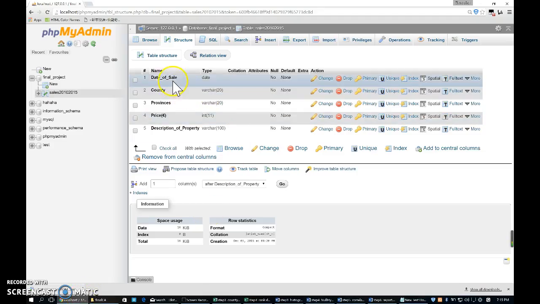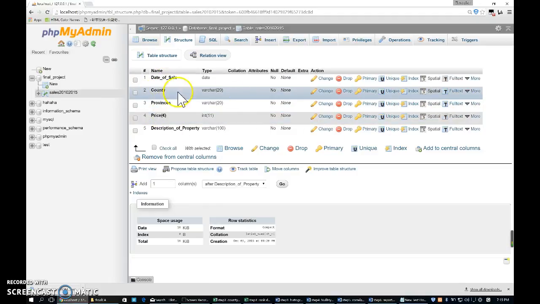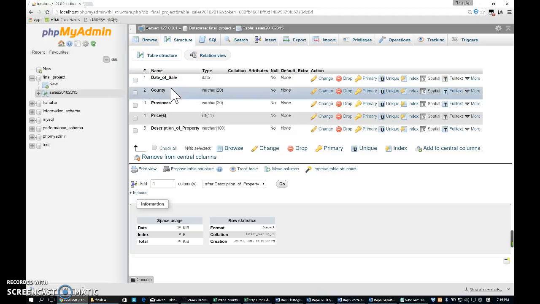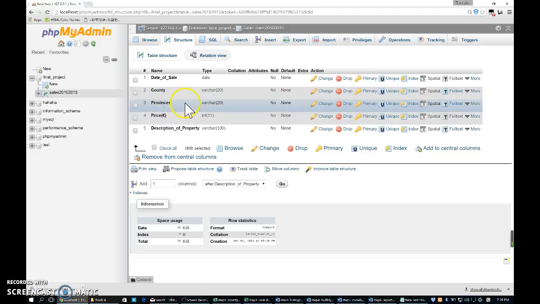As you can see, this is the structure of our database, and we chose the date for the first column, which is date of sale. In the original table, the first column is date of sale, which contains the specific date of each house transaction, and the following 2 columns are county and province.